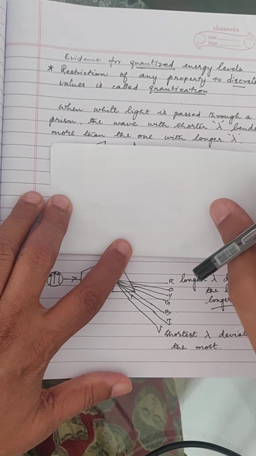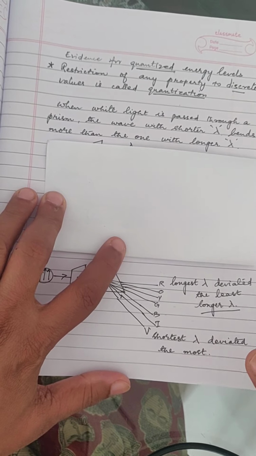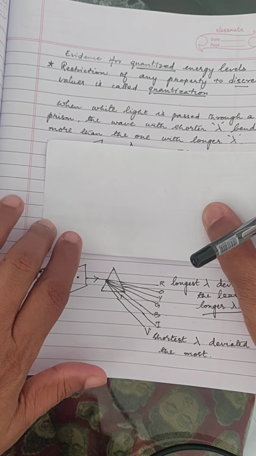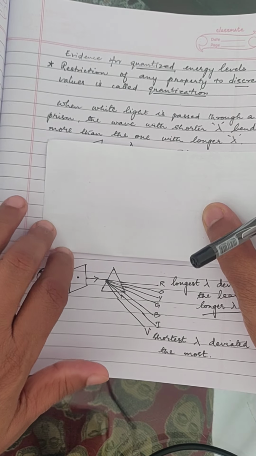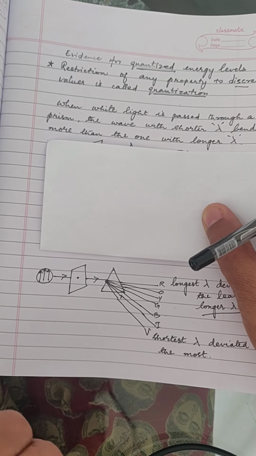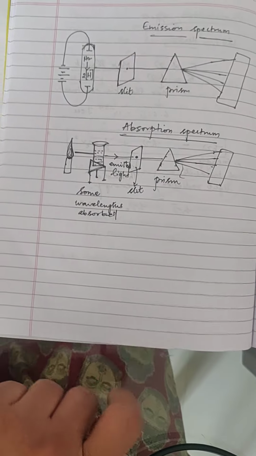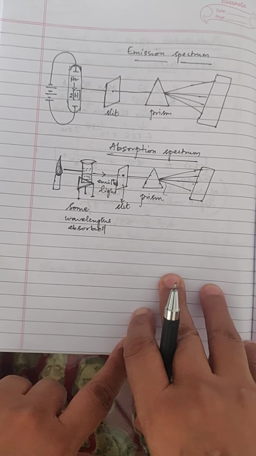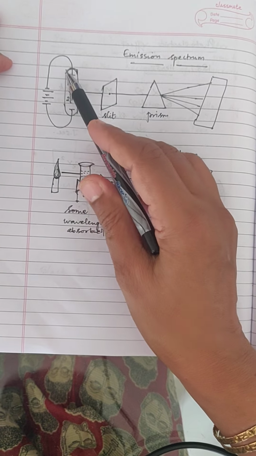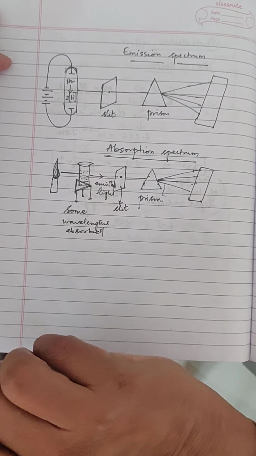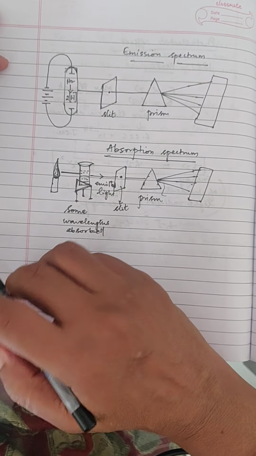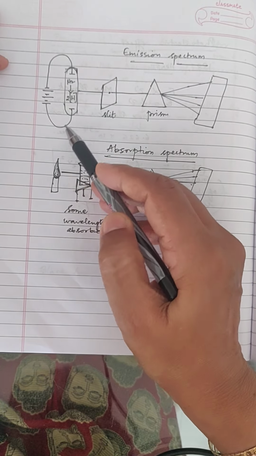Okay, now let's go into details of what an emission spectrum and an absorption spectrum mean. So spectrum is of two types, emission spectrum and absorption spectrum. Let us see what they are. Now what you see here is a glass tube which is filled with hydrogen gas and it is connected to a battery.